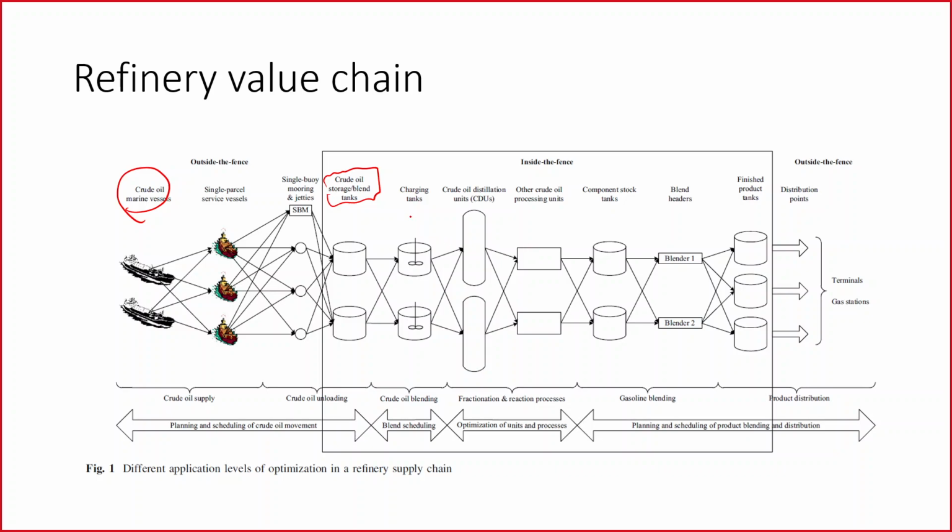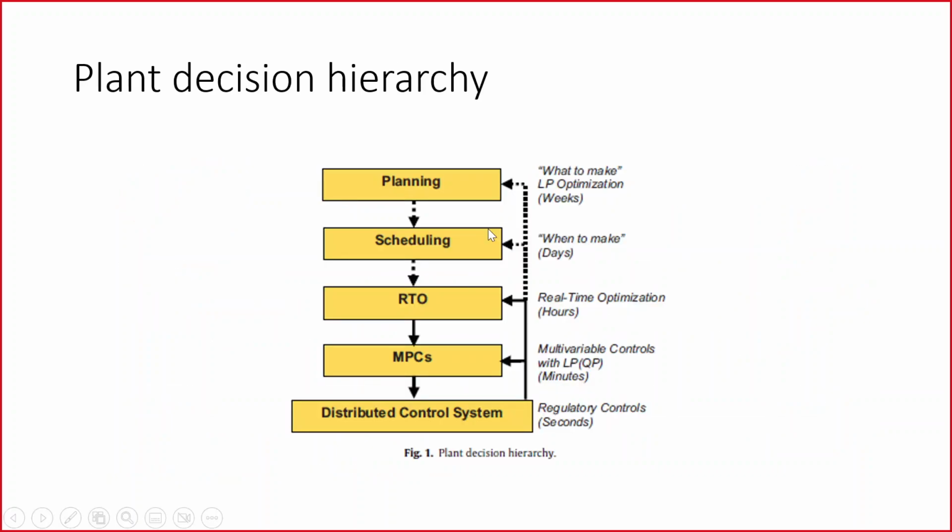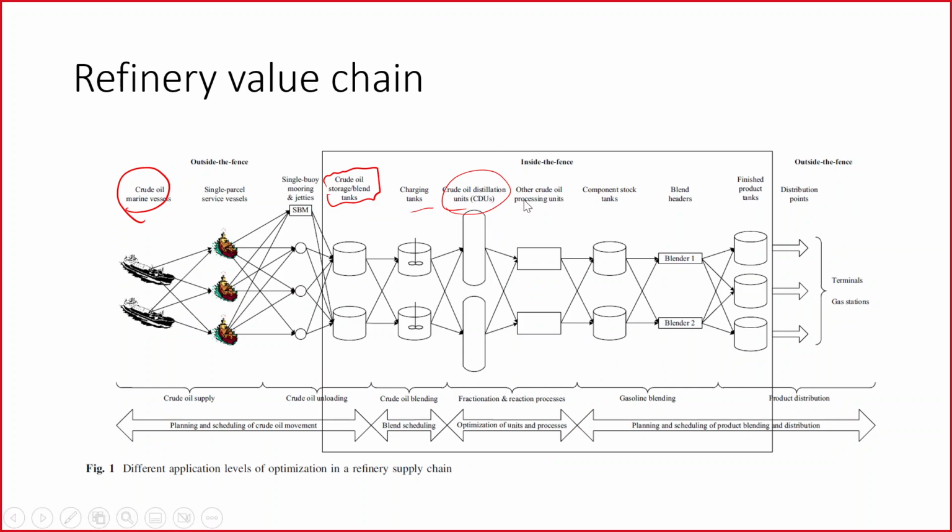And then we may or may not have charging tanks, and then we send the crude to the CDU, the crude distillation unit, which is the first step in the refinery.